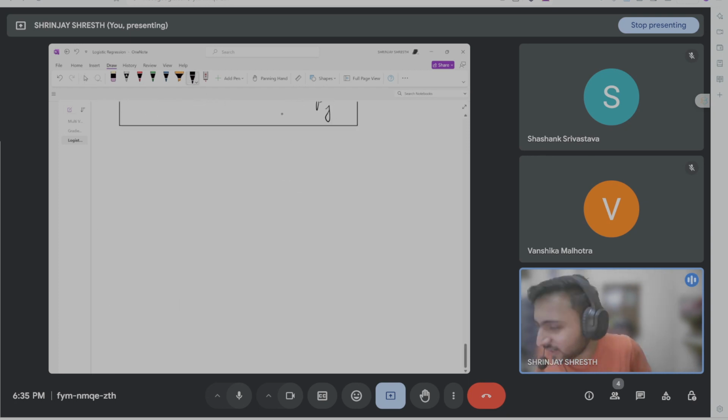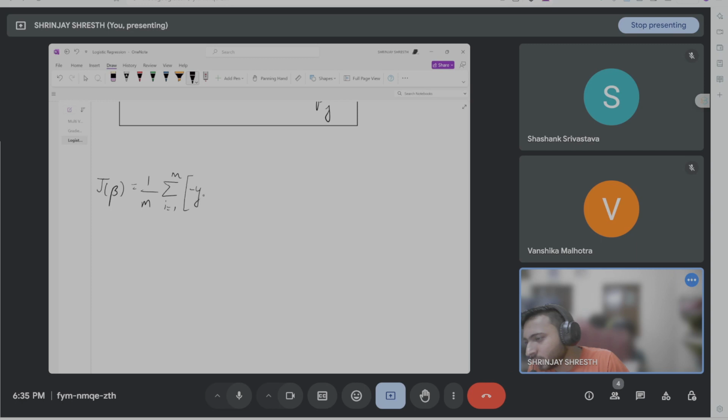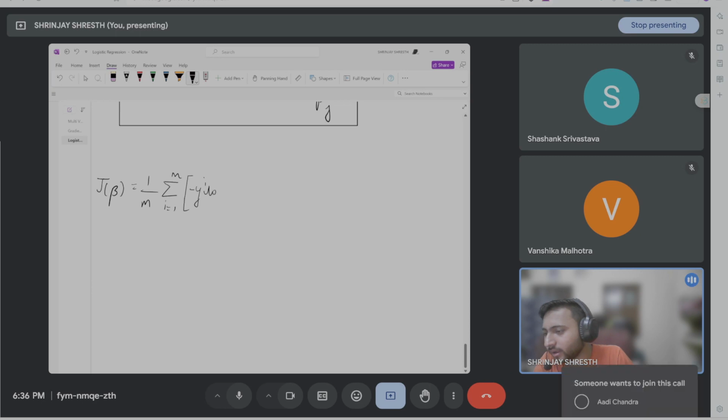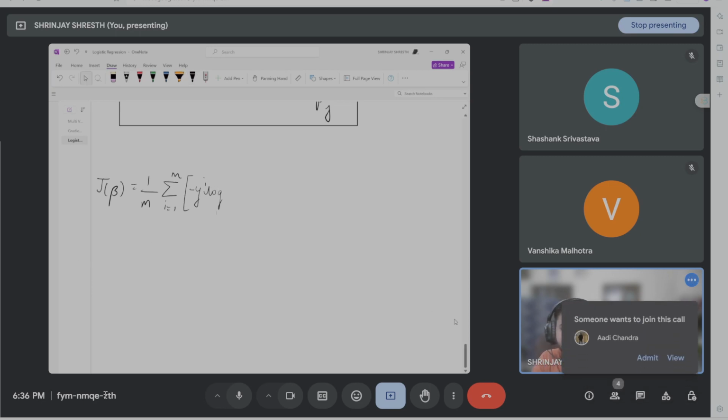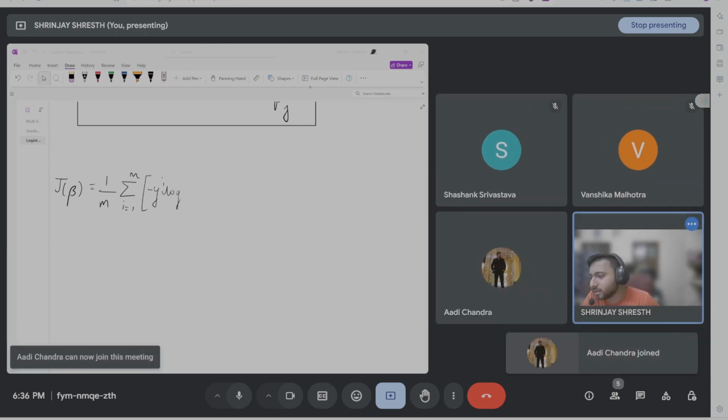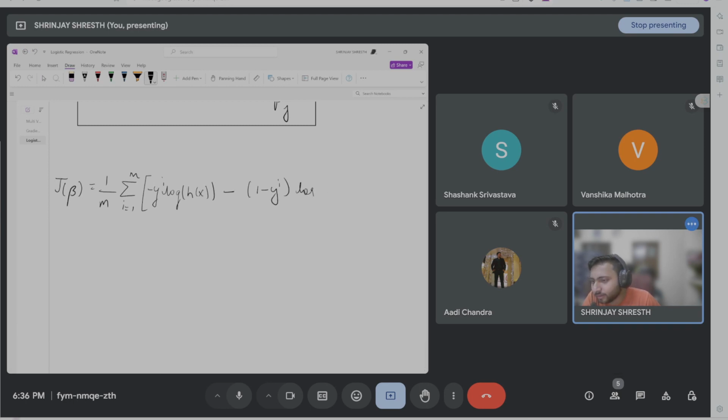So can I write something like this? Can I write something like this, that your J of beta, that is a loss function, is something like 1 over m, sum of i equals 1 till m, of minus yi log of h(x) minus (1 minus yi) log of 1 minus h(x).